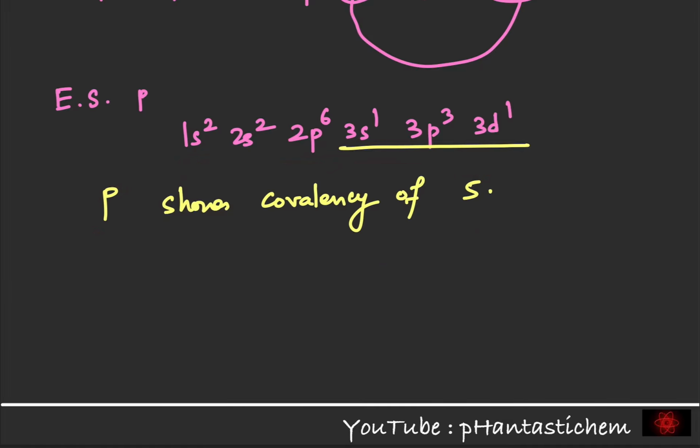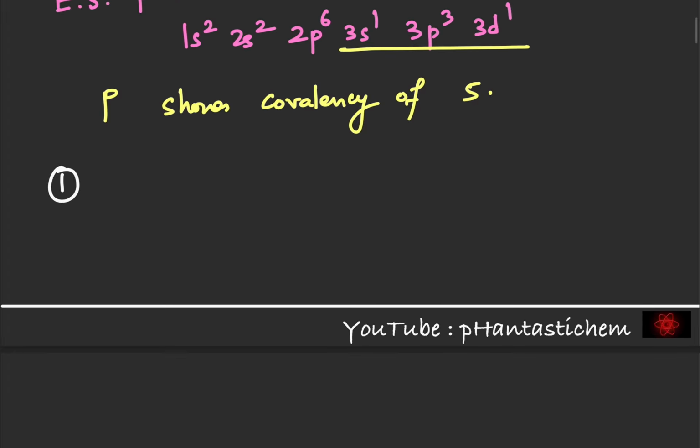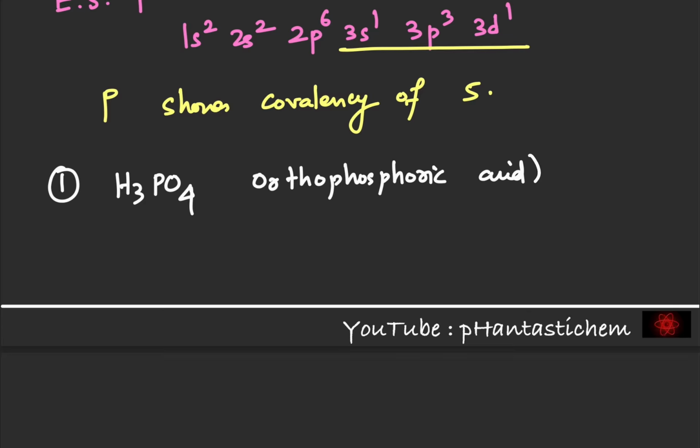So the first option that is given to us is H3PO4, okay. This is known as orthophosphoric acid, okay. Since there is only one phosphorus, this phosphorus is the central atom, okay. So the first step is to connect all 4 oxygens with phosphorus by a single bond.